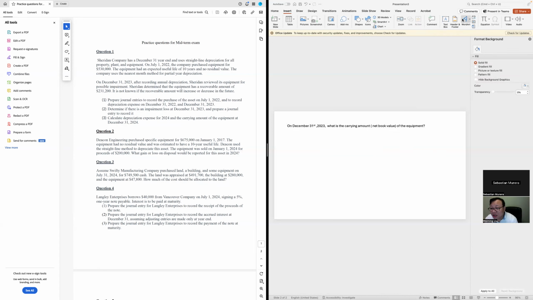So I mentioned this carrying amount. It is the difference between cost and what account? Do you remember? The carrying amount, which reflects the book value, is calculated based on the difference of two accounts. So it's cost minus what? Accumulated depreciation.